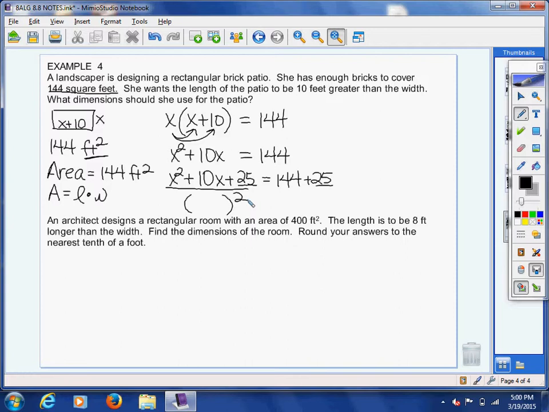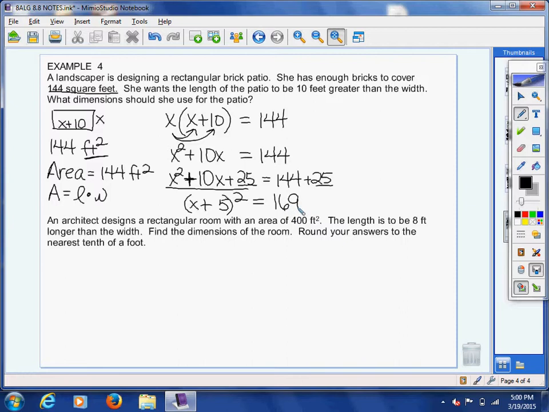So x squared, I'm going to just break that into just x. And the square root of 25 is 5. The middle term is positive, so I'm going to use a plus sign to connect my x and 5. And then I'm going to add 144 and 25, and that's 169.